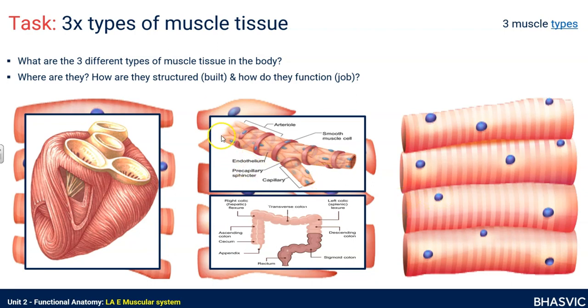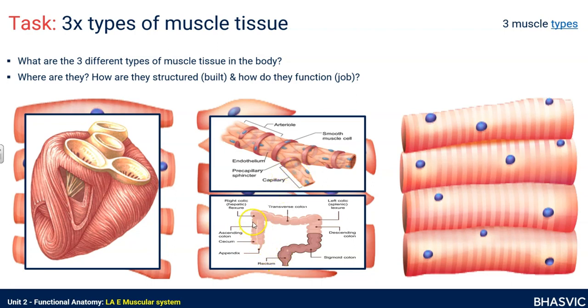And that influences where blood goes. If we want to reduce blood flow, vasoconstriction happens, this smooth muscle will contract. If we want to allow blood flow, this muscle will relax and it allows easier blood flow through the vessel. So that's the most important example of smooth muscle tissue.